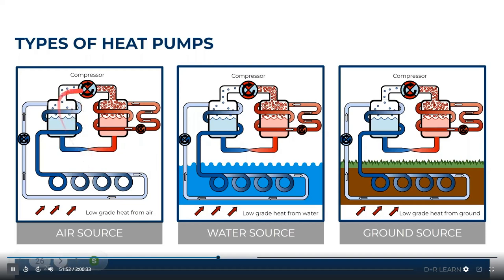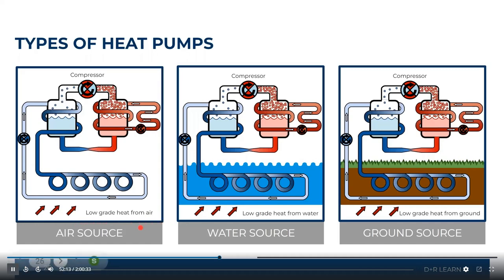Now, on the previous slide, we spoke about air source heat pumps, and your air source heat pumps are the most common type of heat pump available today. If you are looking for a residential heat pump, more than likely, if you live on the East Coast or in the southern part of the country, you're probably going to go with an air source heat pump.